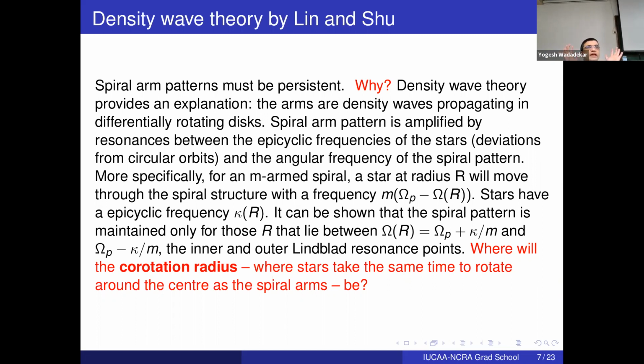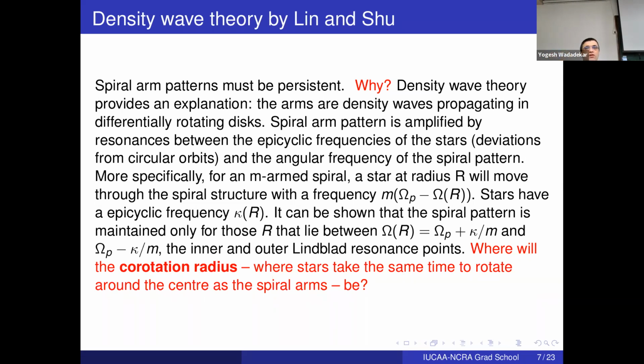And if they're not there, then the spiral arms get disrupted. So the inner Lindblad resonance is the point where omega(r) is equal to omega_p plus kappa by m, and the outer Lindblad resonance is omega_p minus kappa by m.